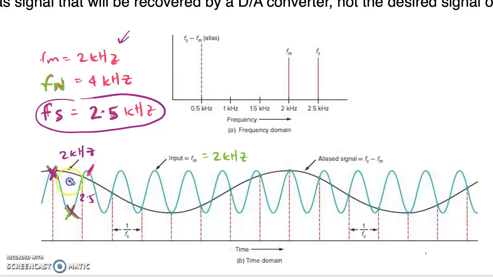So when we are not sampling at the best sampling rate or the minimum sampling rate, we are going to cause aliasing. So if it is sampling at 2.5 kilohertz, this is where it would sample, and then we would reconstruct based on this poor sampling rate, and reconstructing this would give us over here, here, here, here, here.